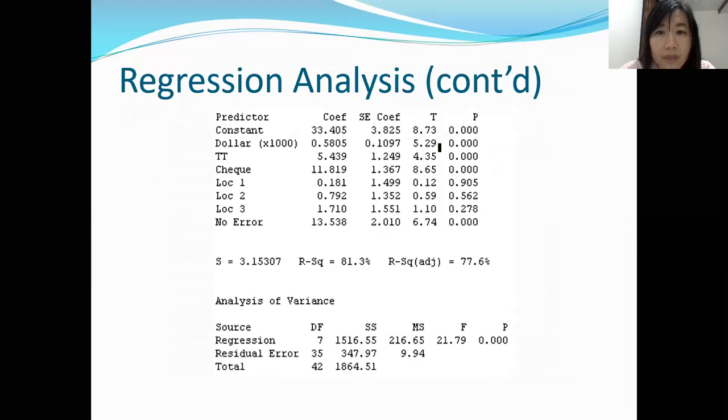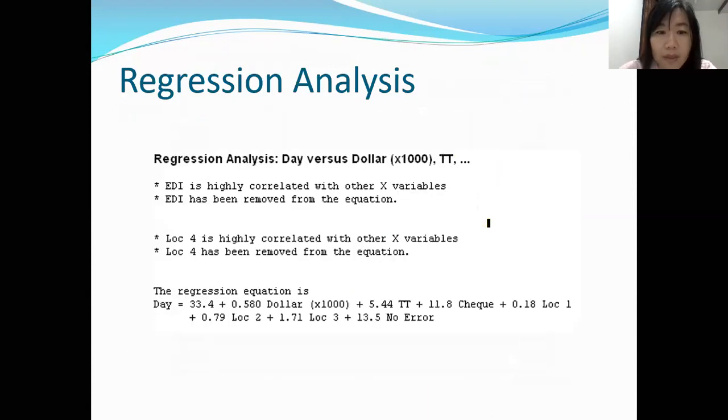Yeah. The payment methods, three of the payment methods, and then error in the invoice also influence the payment date. Yeah, and the important thing from the regression is we get this regression equation.